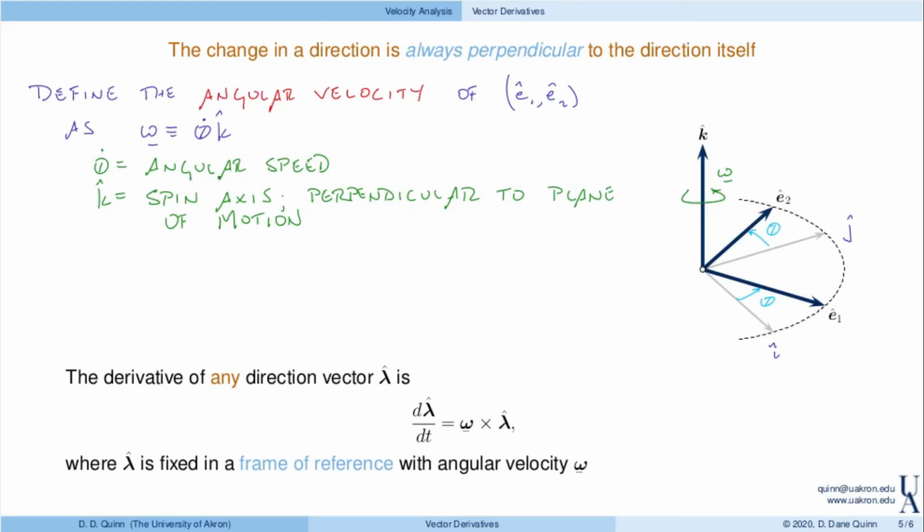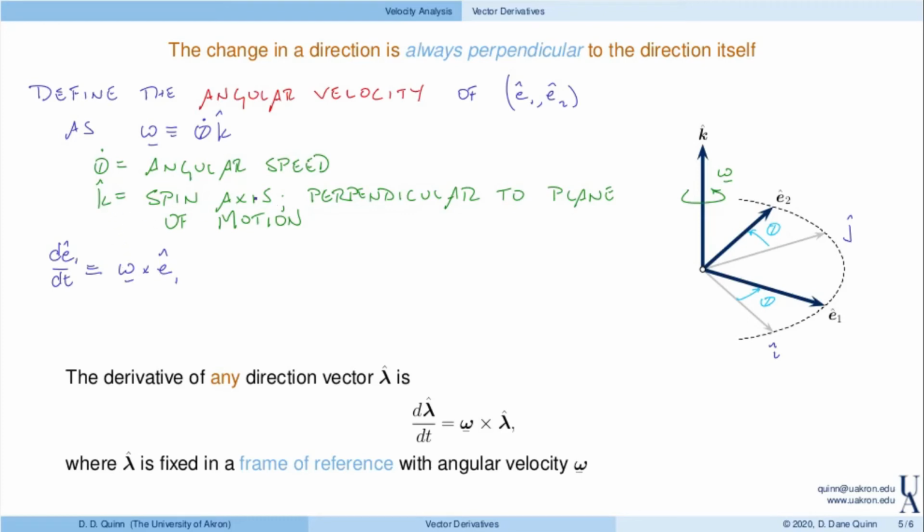Now, how do we use this? Well, again, the change in the direction is always perpendicular, so we need some operation that gives us perpendicular vectors. Well, that's the cross product. So if you think about the derivative of E1 with respect to time, we can define this as omega cross E1. Remember, cross products give us resultant directions that are perpendicular to both parts.